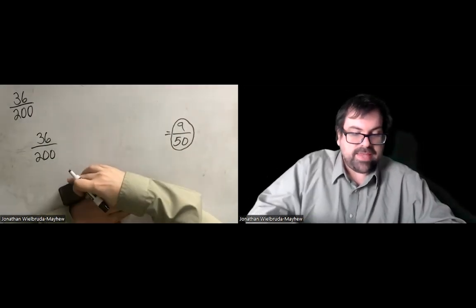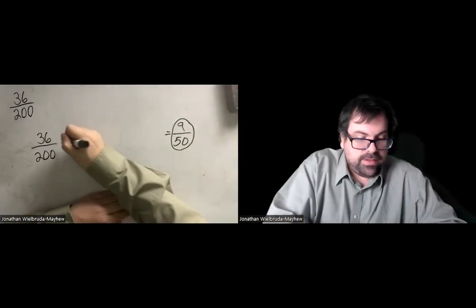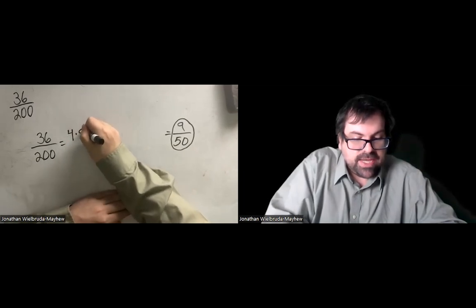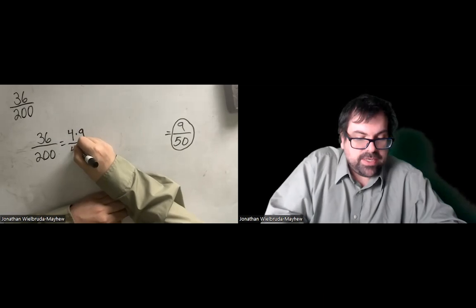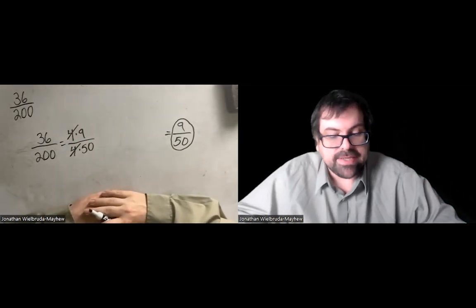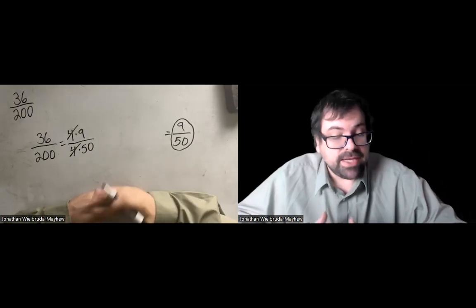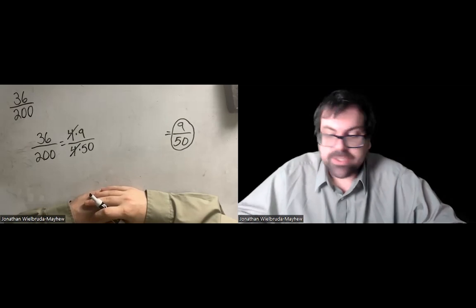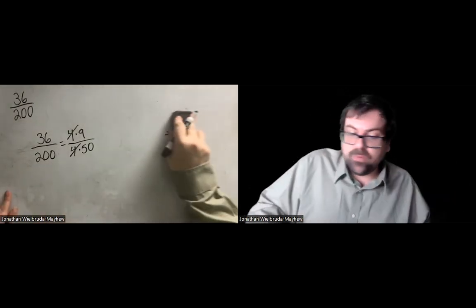Or if you wanted to write that canceling style, 36 is 4 times 9. 200 is 4 times 50. Canceling the 4 on the top and the bottom is like dividing top and bottom both by 4. So lots of different ways we can think about reducing.